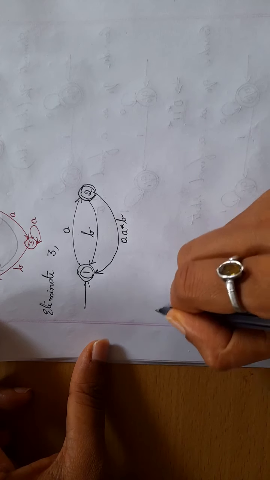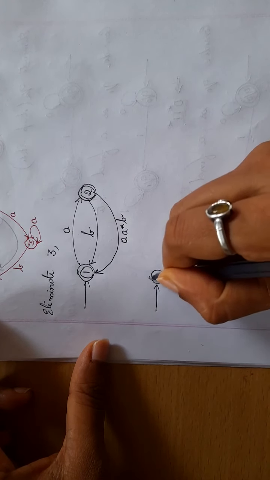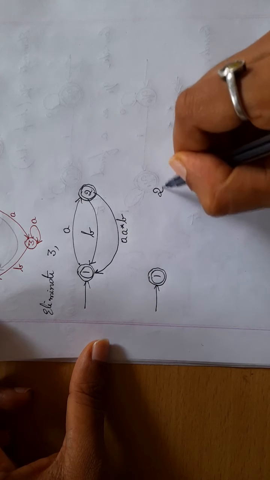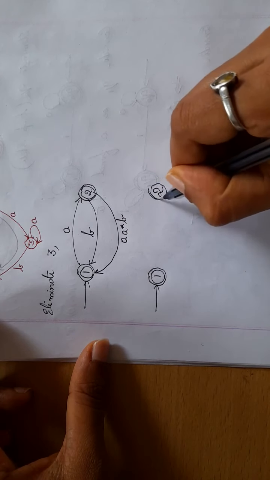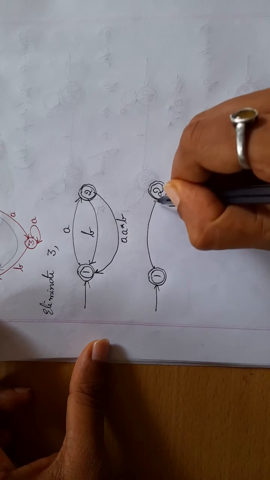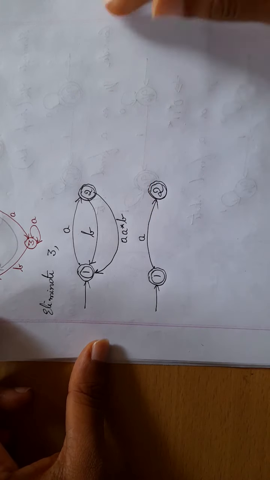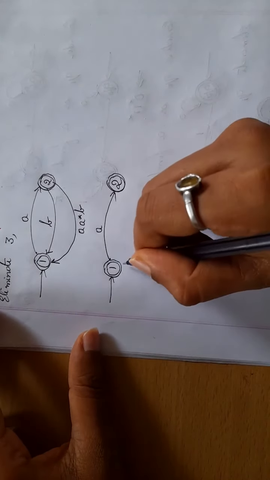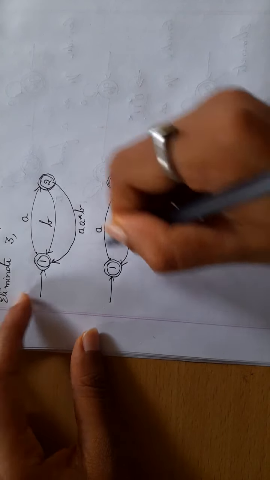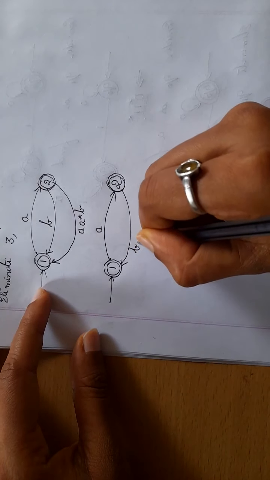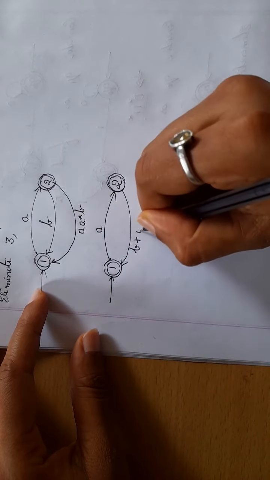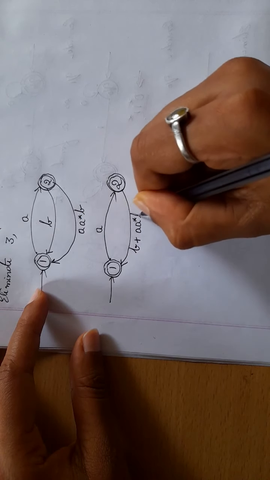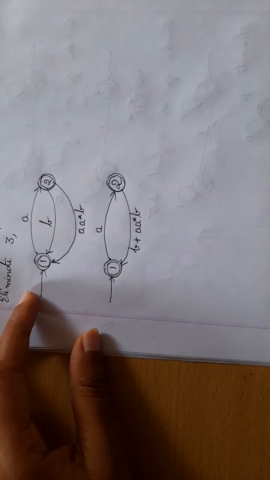So the FSM looks like this: 1, 2, with A from 1 to 2, and either B or A star B from 2 to 1.